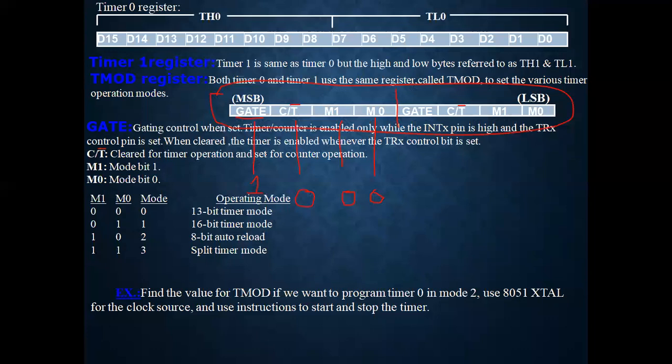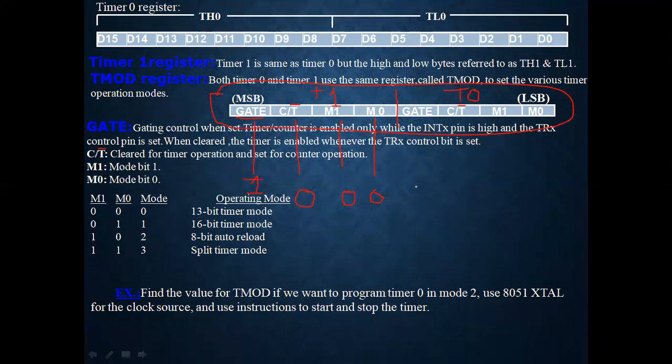This upper bit is used for timer 1, and lower bit is used for timer 0. Clear? This part is for T0, timer 0, and this part is for timer 1. Clear? Is it clear?